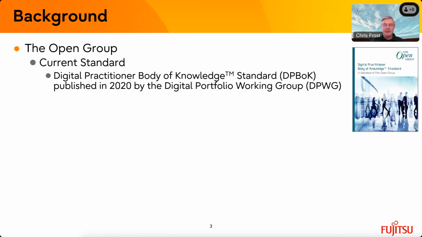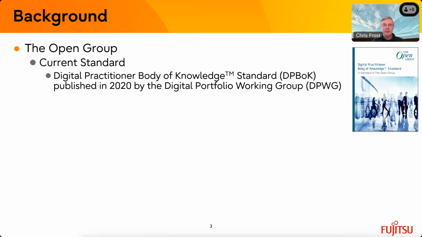So to start on that, a little bit of background to begin with. First of all, just some things that have been going on in the Open Group recently, and in particular the Digital Portfolio Working Group. We have a current standard that's published, the Digital Practitioner Body of Knowledge Standard, as it's called, or DP-BOK to its friends.